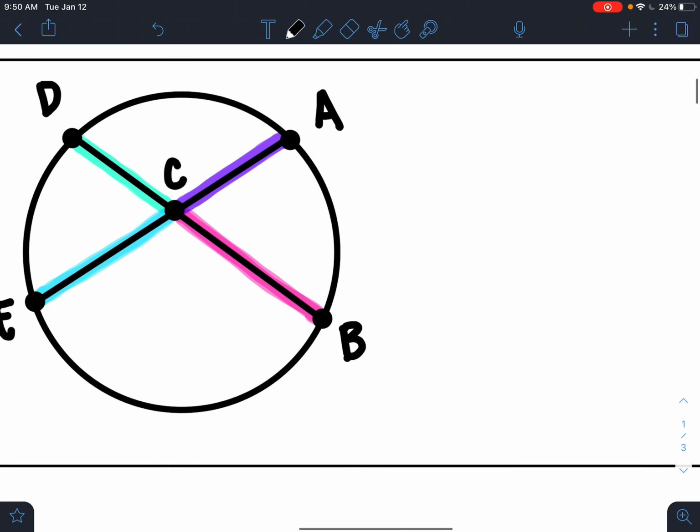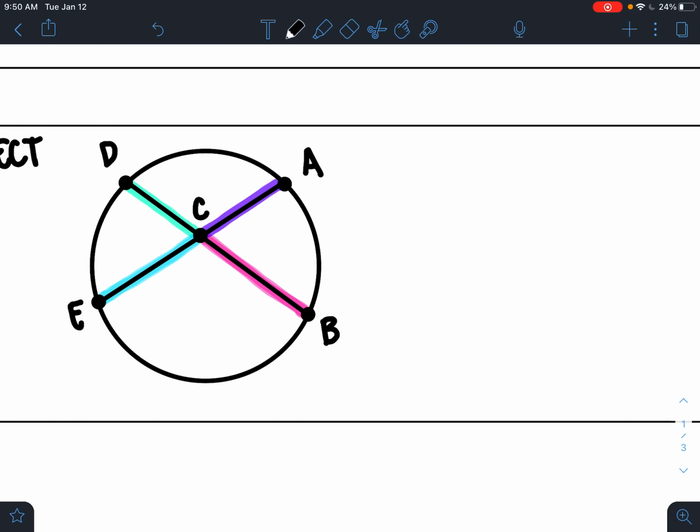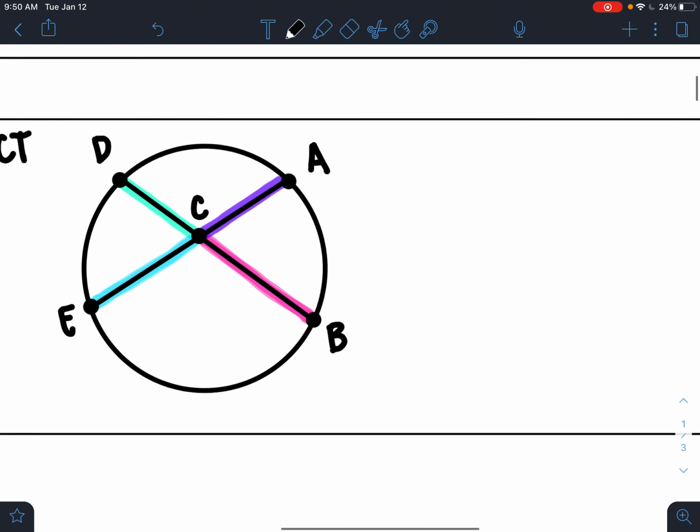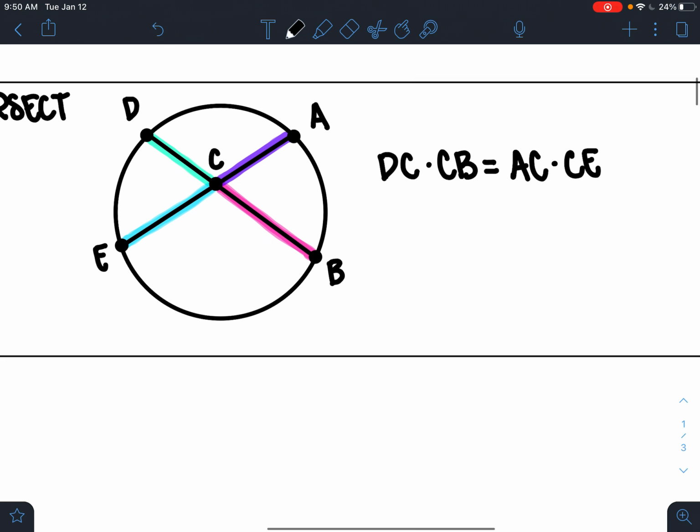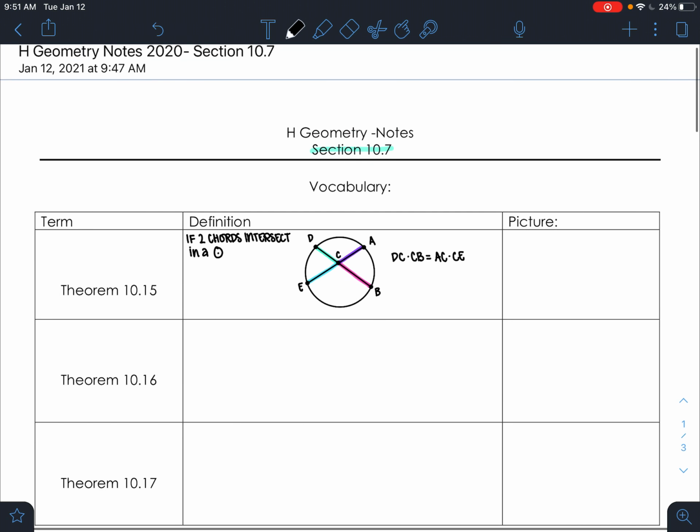So I take the length of DC and multiply it times the length of CB, and that's equal to the product of AC times CE. We take one chord, split it into its segments, multiply them together, and do the same with the other chord.